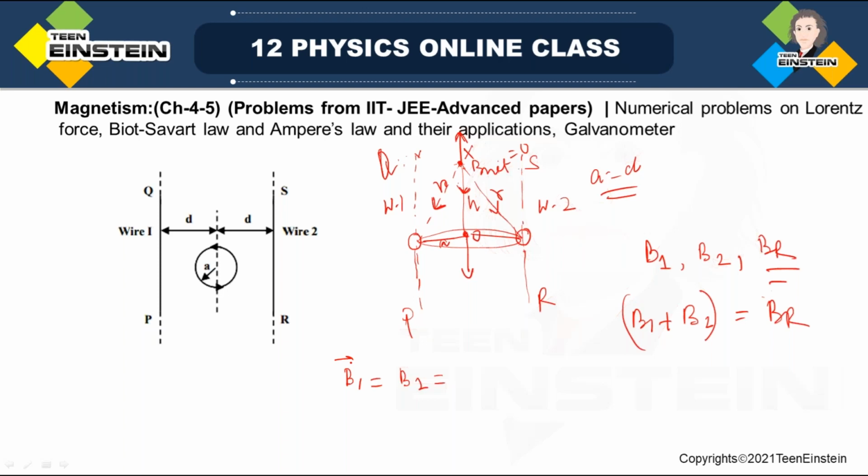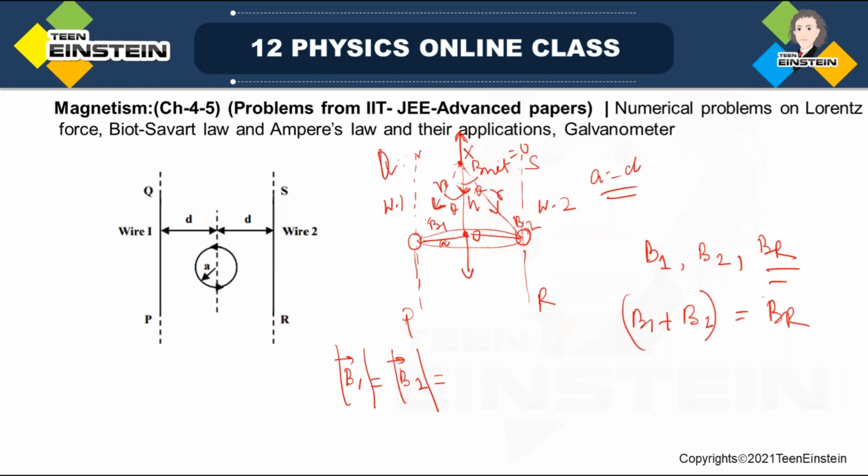Let me make it more visible. As you see, this is the height h, this is one angle, and this distance is r. So r square is equal to a square plus h square.